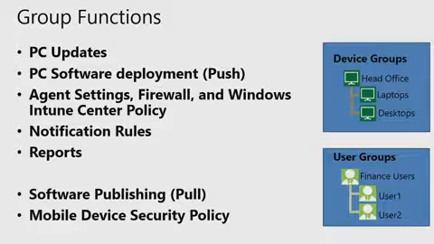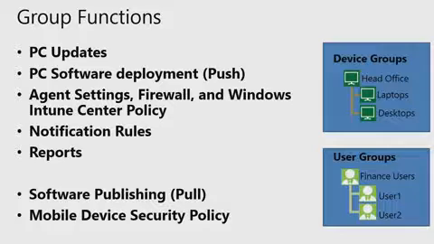The policies that we have inside Windows Intune, and the next module will drill into exactly what those policies can do and what their capabilities are. But there are three policies that apply just to the device groups. That's the agent settings, the firewall settings, and the Windows Intune Center policy. And we'll see what the functionality is of those next. But they can only be applied to a device group.